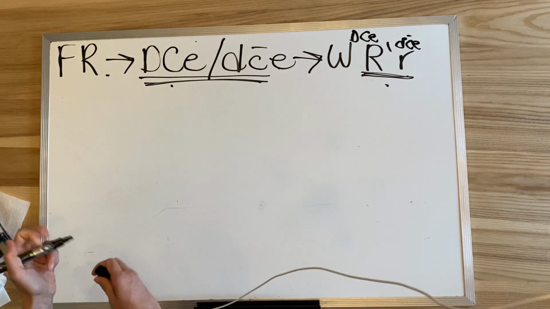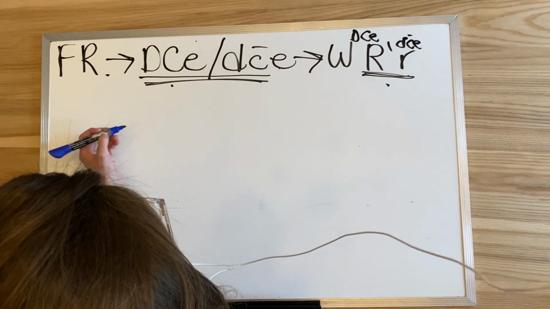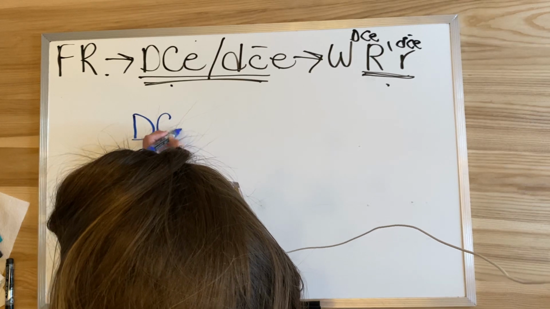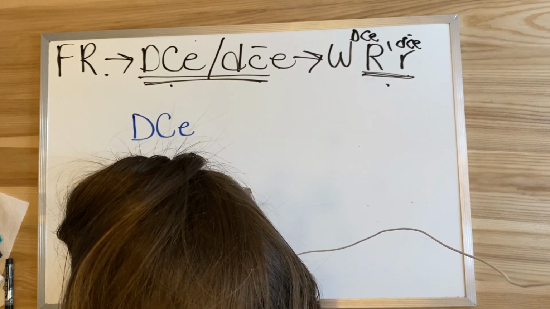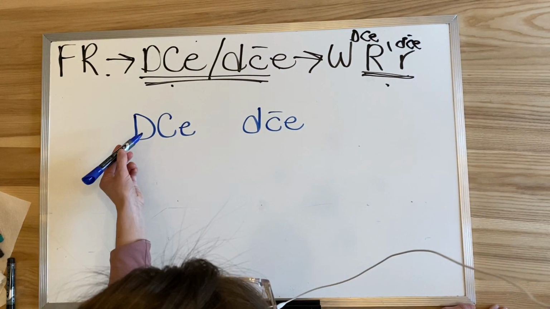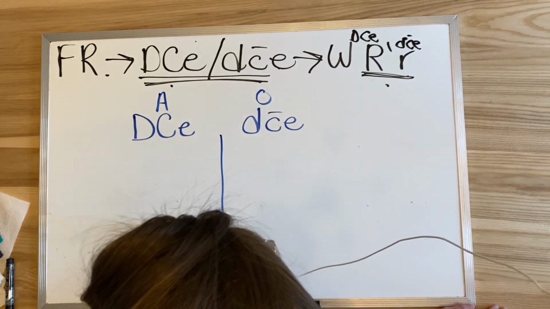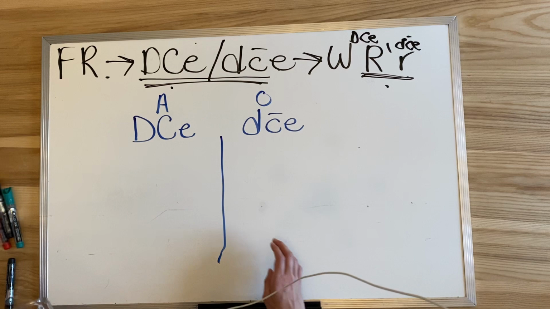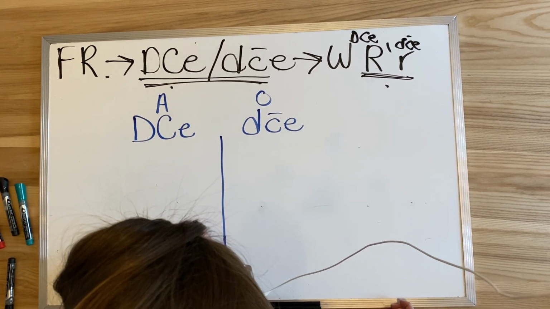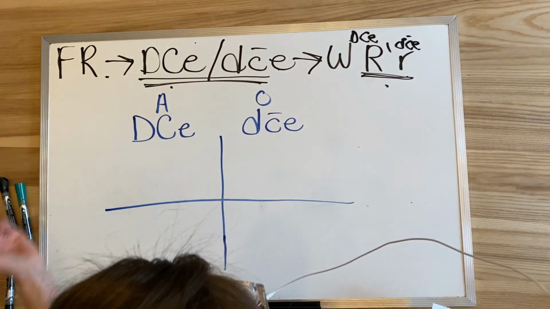So this is what I was trying to show you guys in the video earlier. So if we had the mother, let's just say that same example, they were D, C, E, and they were also D, little c, E. And remember, this is the same thing as if we were saying that they were A, O. I mean, obviously we're talking about the Rh blood type now, not the ABO, but it would be the same idea of having 2 sets of alleles.